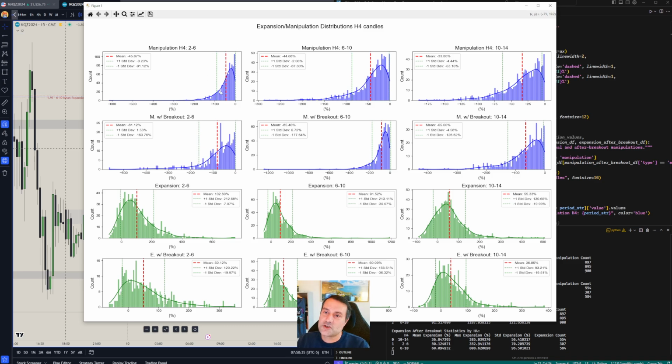You should imagine this as a curve: it's a little bit more probable that it will retrace just a little bit, but on average it will retrace almost half and then expand.